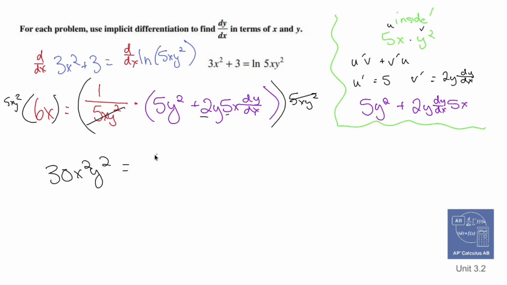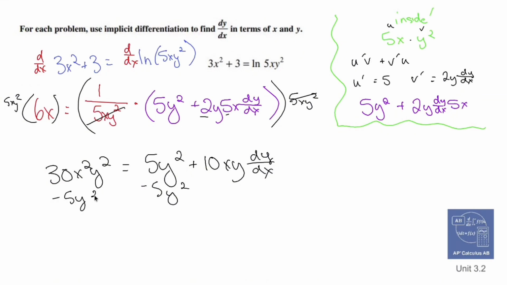So that's going to be 5y squared plus 10xy dy/dx. Let's subtract 5y squared from both sides. So 30x squared y squared minus 5y squared is going to equal 10xy dy/dx.